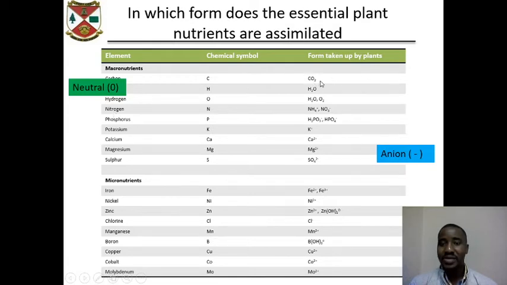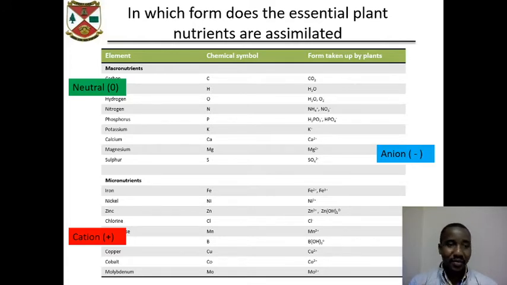Such as carbon dioxide, for example. Carbon dioxide does not have a charge because the oxygen, which is negative, balances the positive charge that is carried by the carbon ion. And the last usable ionic form is positively charged, and we call that one cation.